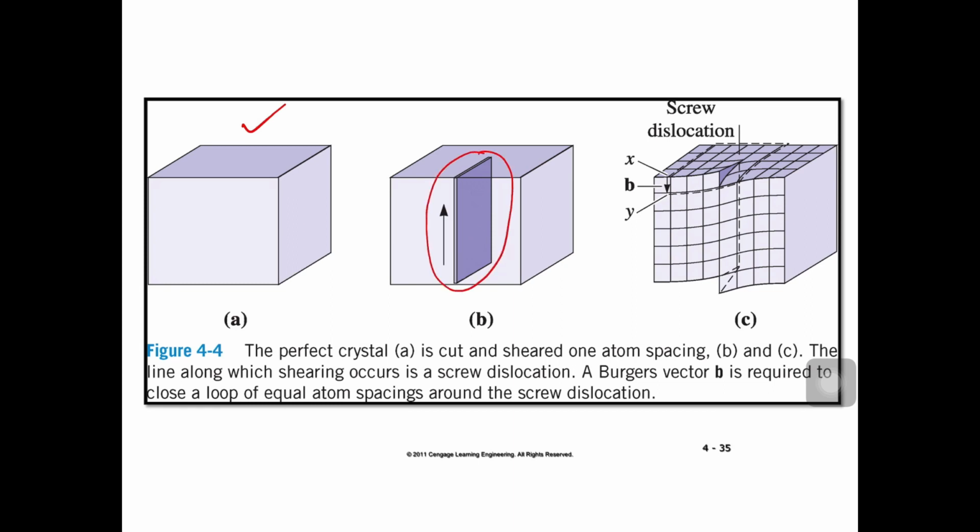The line of shear occurs in this location. So this one, you apply force, and then you have a dislocation. So you have to draw where the Burgers vector is.